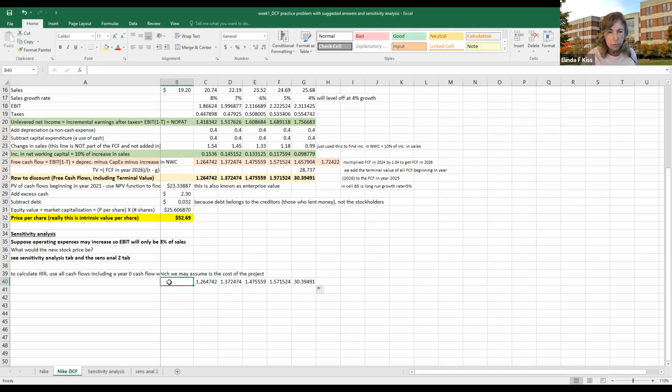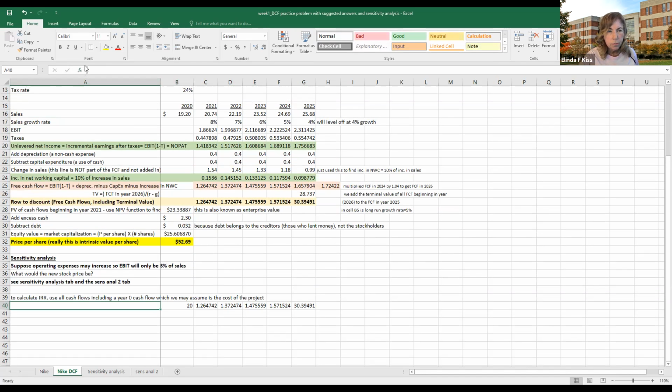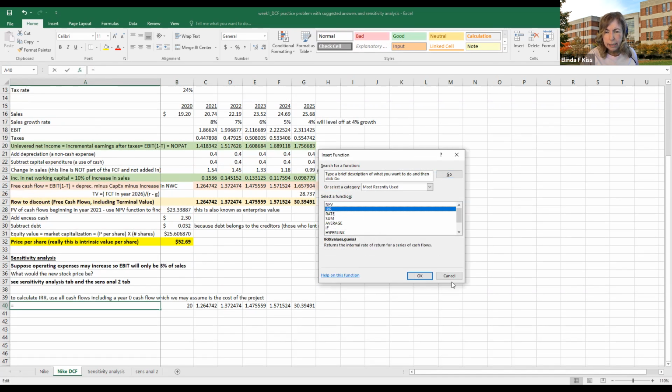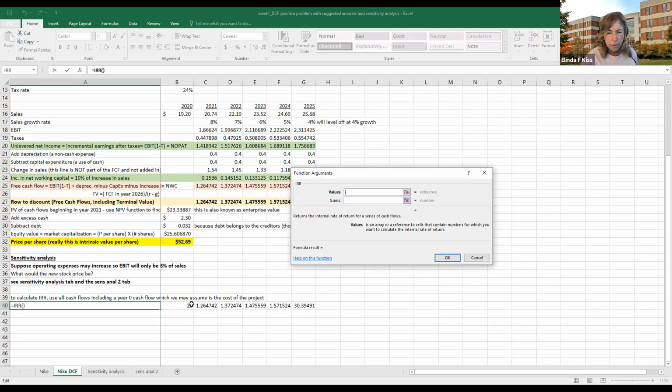Suppose that you pay 20 billion to buy Nike, the whole company. Of course, we're not doing that, but I'm just going to put in a number to use the IRR function. So we go to function and we go to IRR, and I've done it recently, so it's right there. And now we put in all the values.